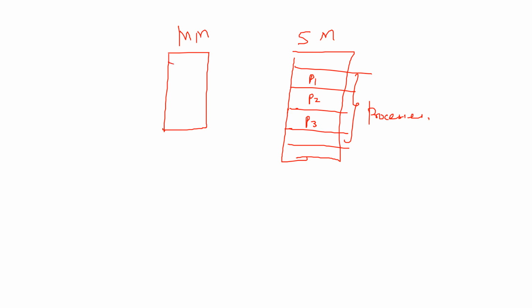So in main memory, we always write this first: operating system, then there are parts like frames, okay, partitions. Suppose this is already occupied, not available. This is also occupied, not available. So we can bring in P1 here, P2 here, depending upon the requirement, okay, and P3 here.